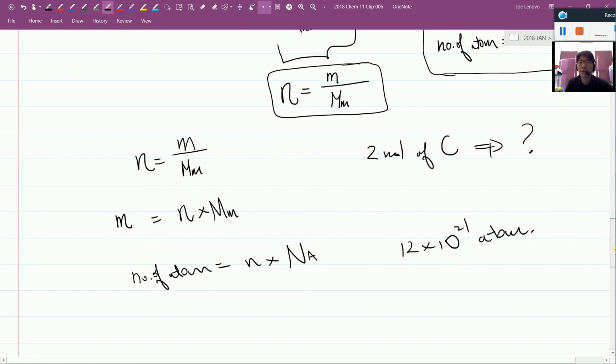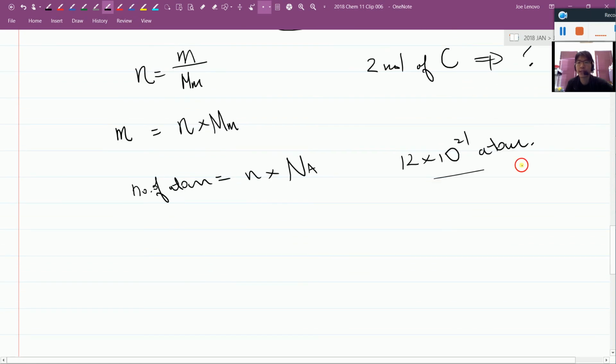So how am I able to use this and convert back to number of mole? Then, the number of mole can also be calculated by the number of atoms divided by the Avogadro number, and you can find out the number of mole.